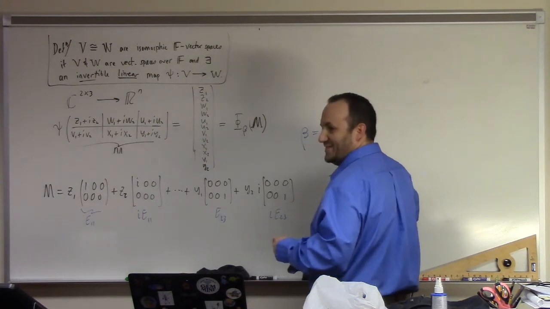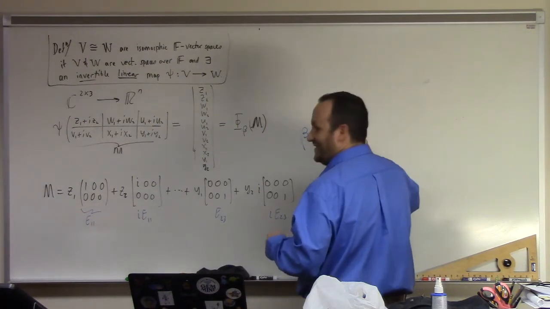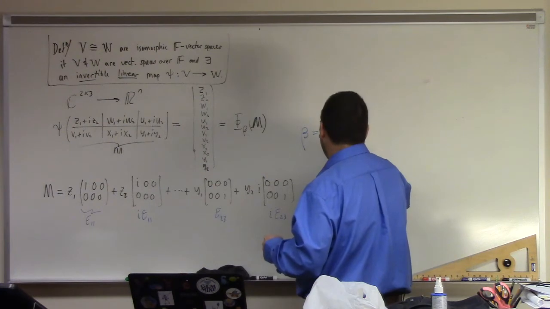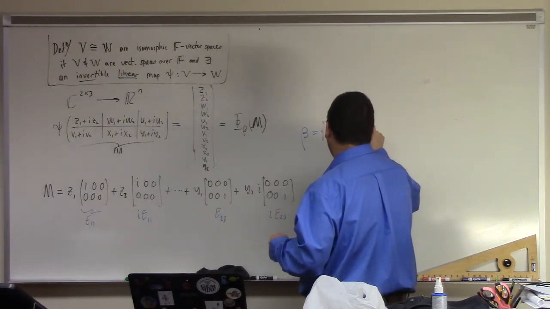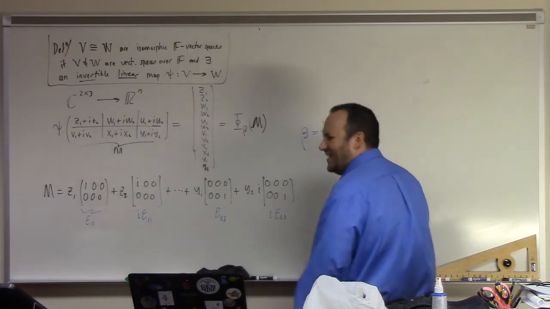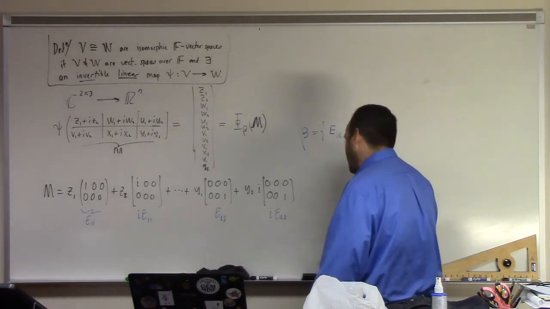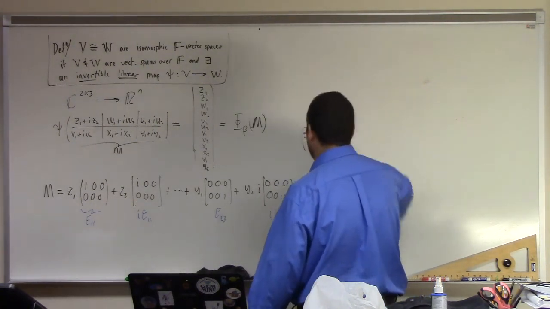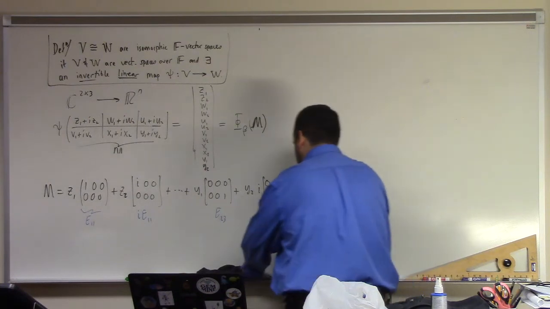Oh, i is a poor choice here. E_kj, comma, i. Ah, the ordering matters. I was hoping to be lazier, but I have to list them.